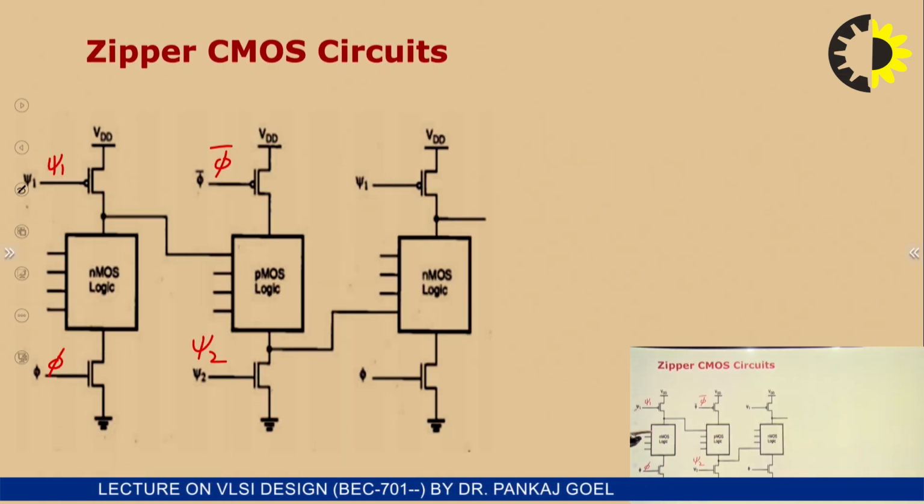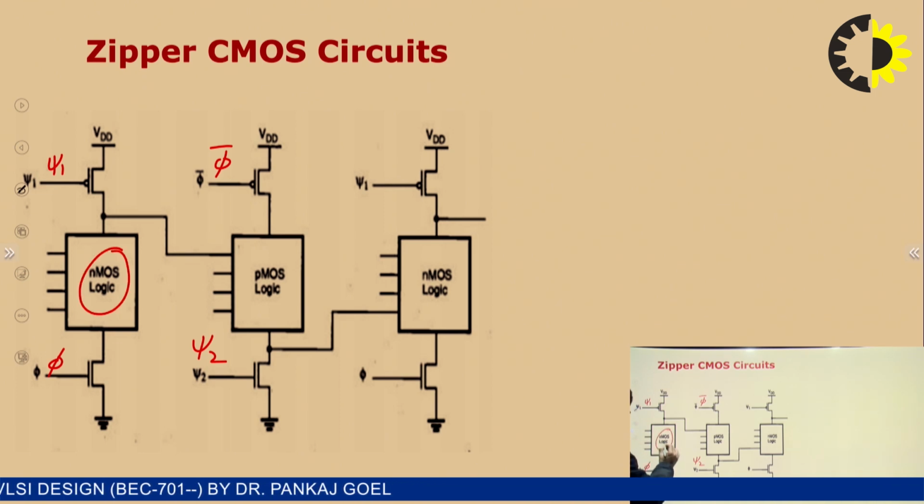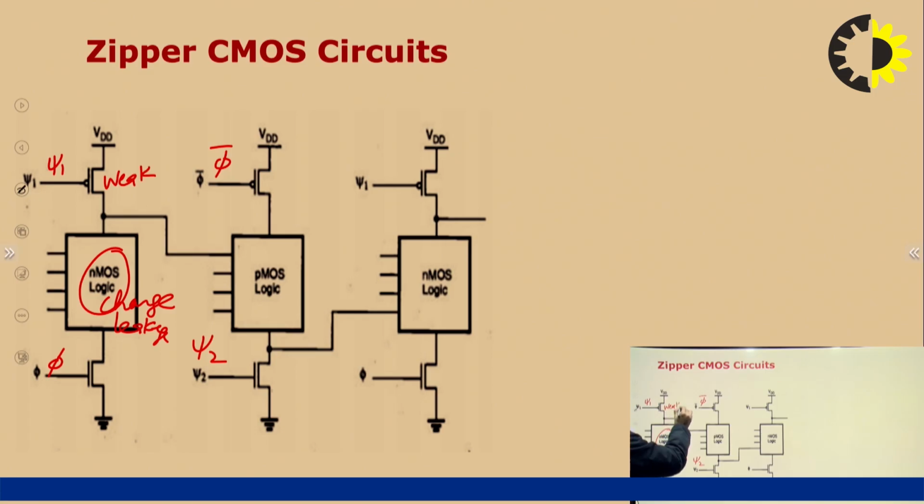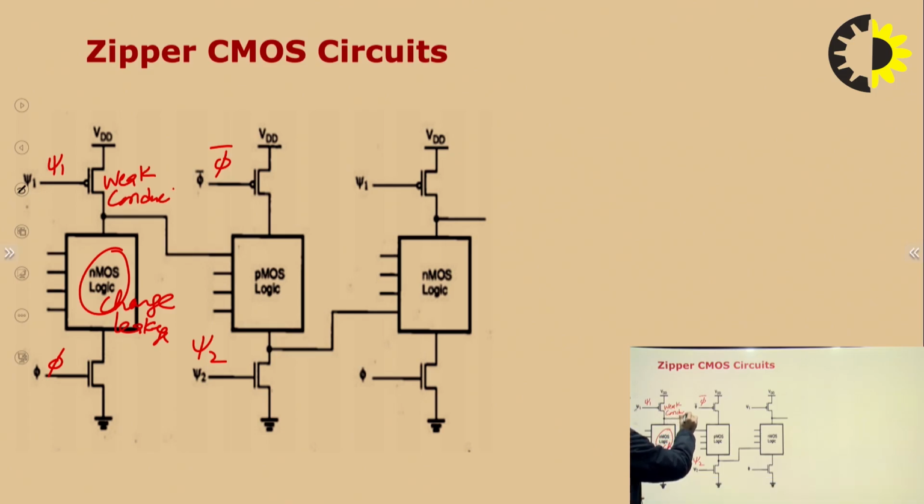So if there is a charge leakage problem in the structure, it can be compensated by the weak conduction of this CMOS. It will slightly compensate, and the charge leakage problem can be avoided.